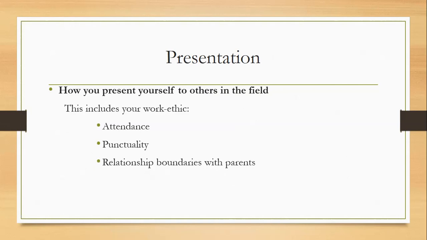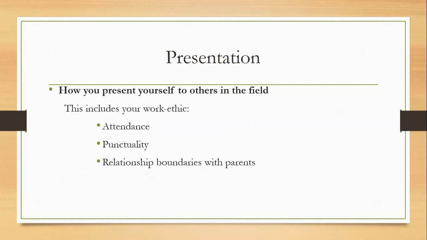Relationship boundaries with parents. And I asked them, what do they think I mean by that? Some of that has to do with, you might be buddy-buddy with parents, you might be going out and doing things with your children's sports.